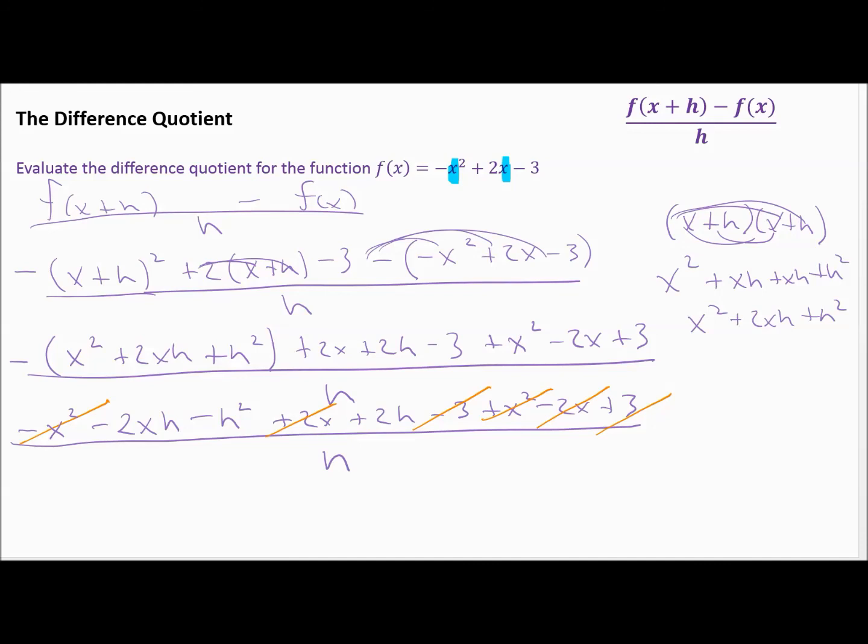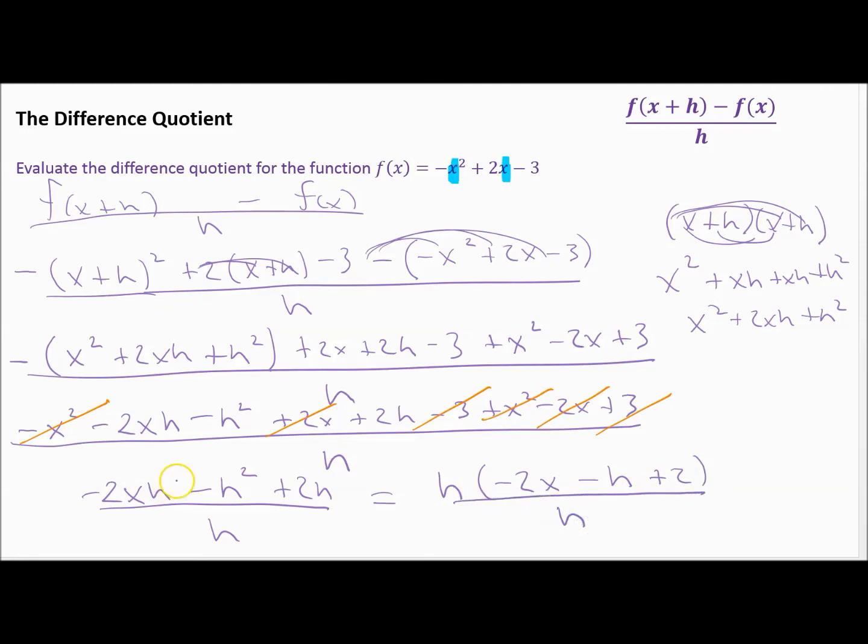Alright, so that leaves me with negative 2xh minus h squared plus 2h over h. And I factor out a common h. And that leaves me with negative 2x minus h plus 2, all divided by h.